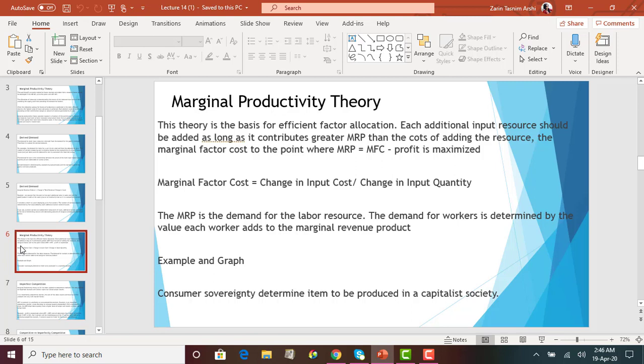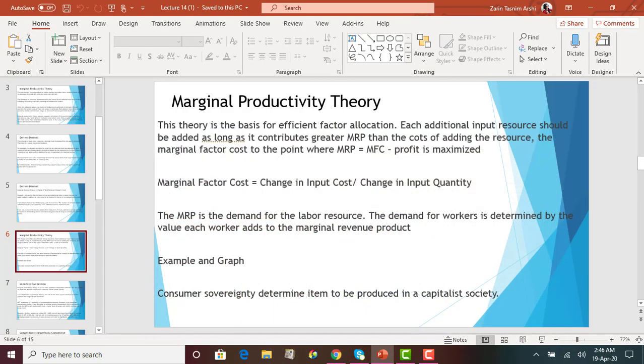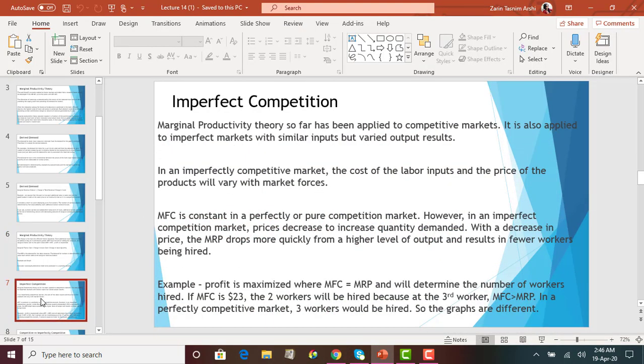And that's the graph I drew. This graph I drew is the demand for labor resource or demand for workers. Then now we move our focus onto imperfect competition.